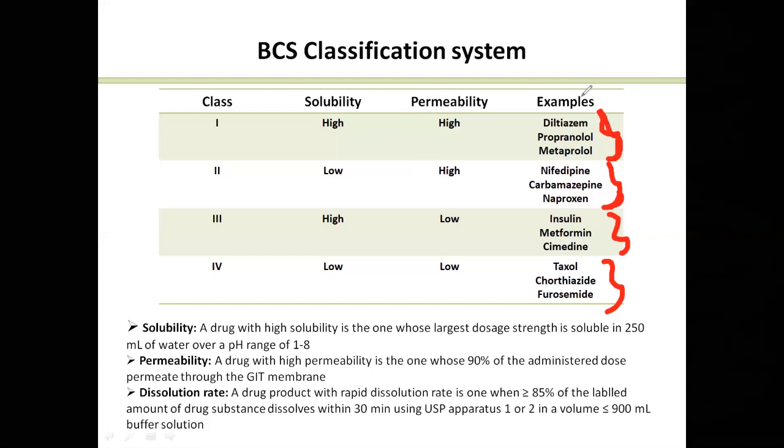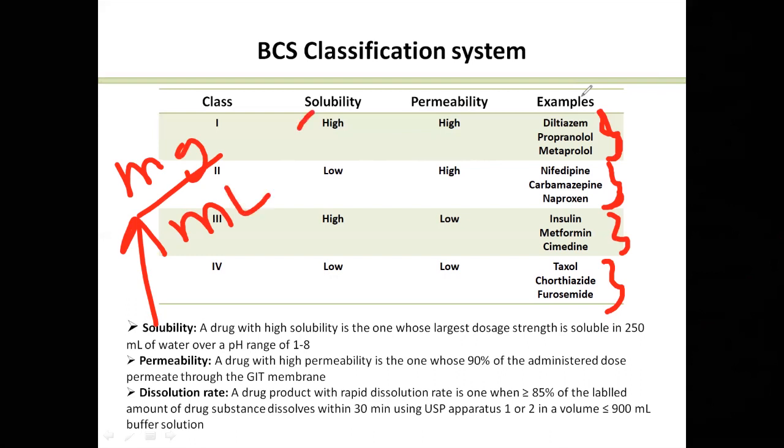Next, one more point is that this BCS classification, the biopharmaceutics classification system, doesn't deal with the dissolution rate. So, what is solubility and what is the dissolution rate? We need to understand the difference between the two. Solubility is the maximum amount of drug that can dissolve per unit volume, so the unit of solubility would be mg per ml or gram per liter.